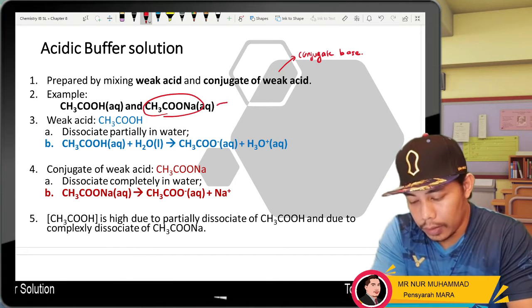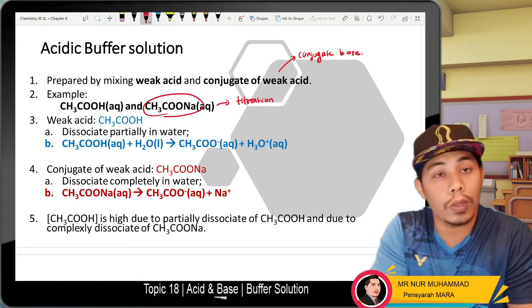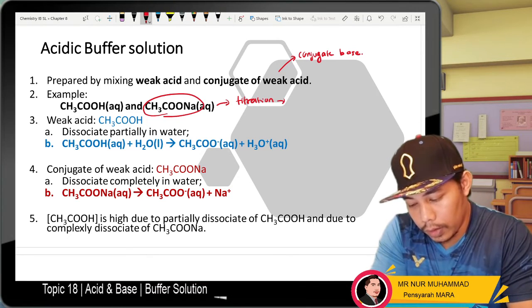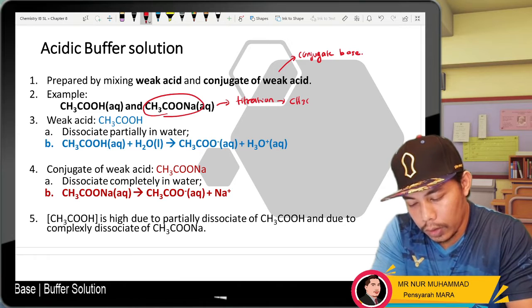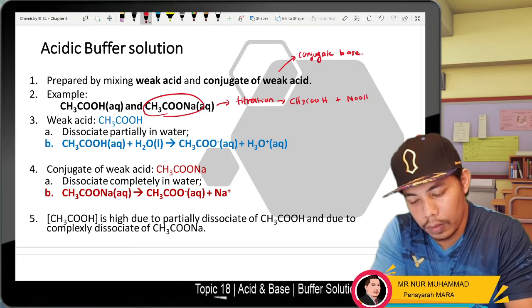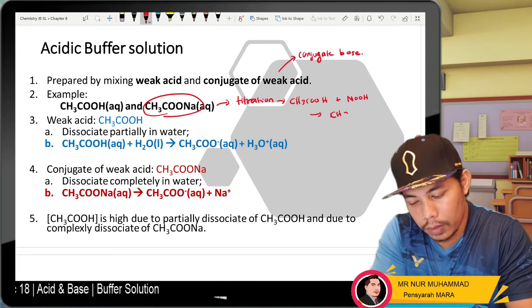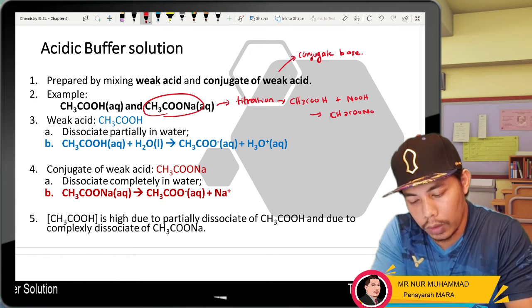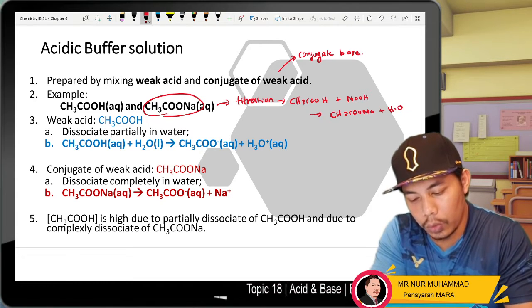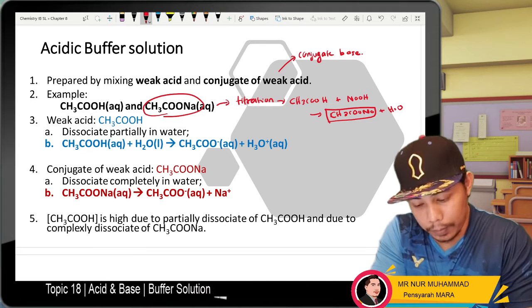Remember that this is a titration process. What is titration? Titration here is a reaction between ethanoic acid and a strong base. The product is CH3COONa plus H2O. This is where the sodium ethanoate comes from.